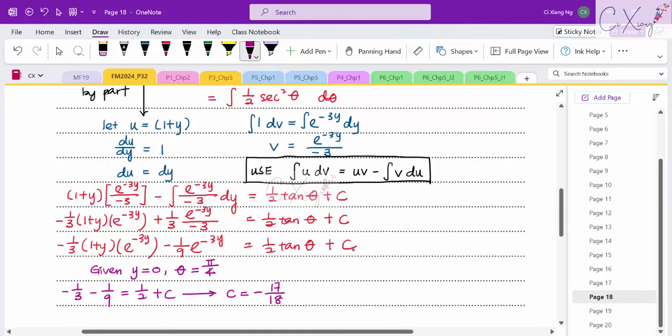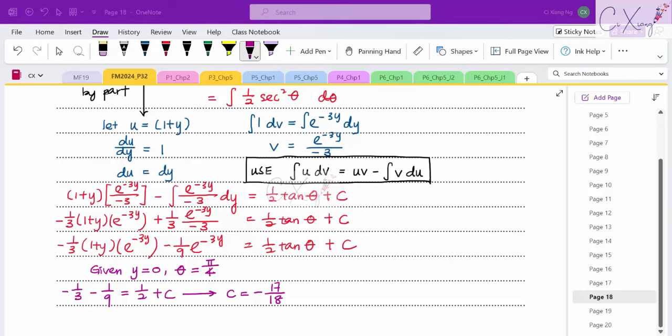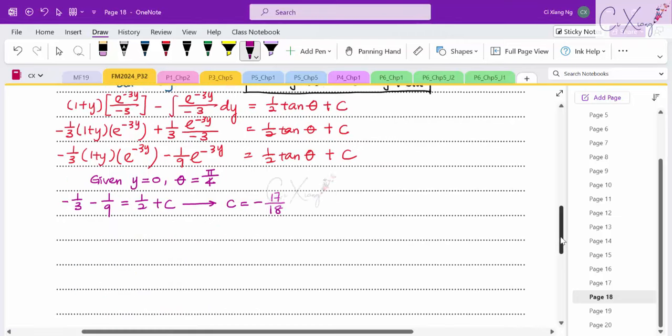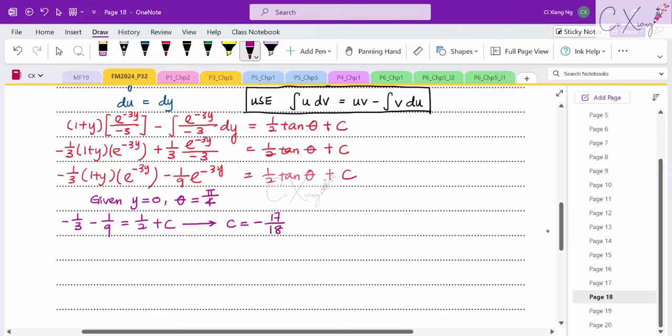Alright? Okay, so after we get the value of c, we already get our particular solution. Alright, so I rewrite it again. Therefore, our particular solution will look something like this, which is negative 1 over 3, and then 1 plus y, e power negative 3y, minus 1 over 9, e power negative 3y equals to half tangent theta plus c.